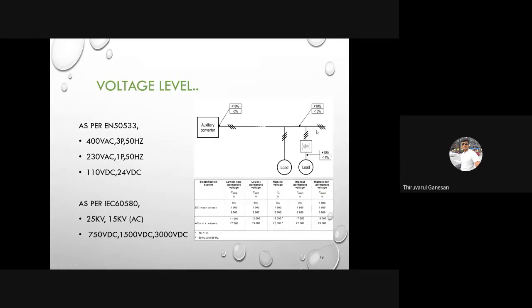And these are the tolerances for the auxiliary voltage limit. Here you can see the auxiliary converter can deliver plus 10% and minus 10% of voltage. On the load side, it depends on your load. The tolerance can be decided, and for that we need to control these tolerances of auxiliary voltage.